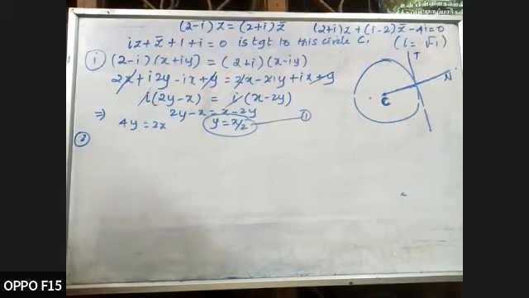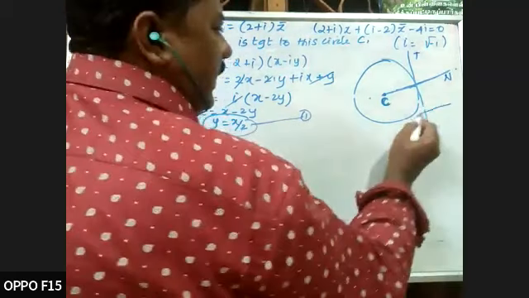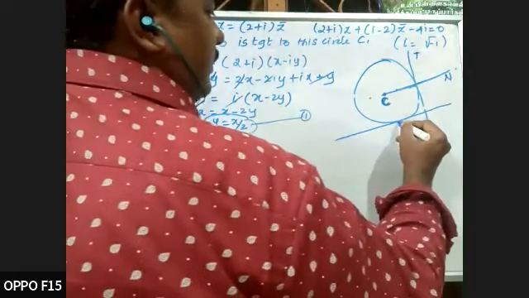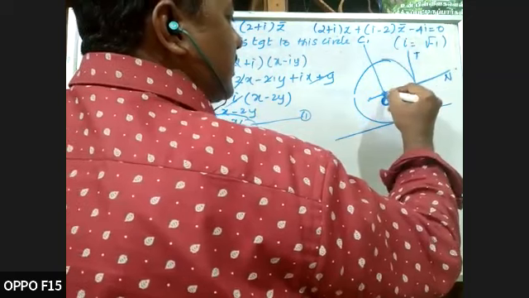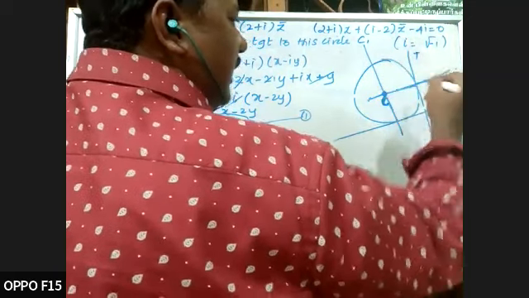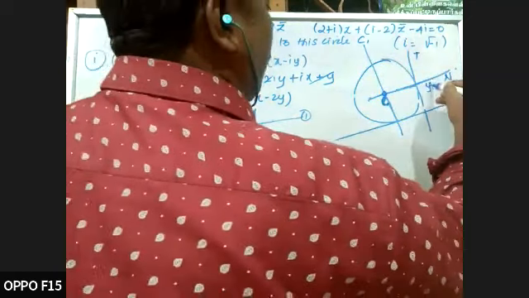It is also a normal to the circle. Both lines are normals, so the point of intersection is nothing but the center C. Now we have to find the second line.